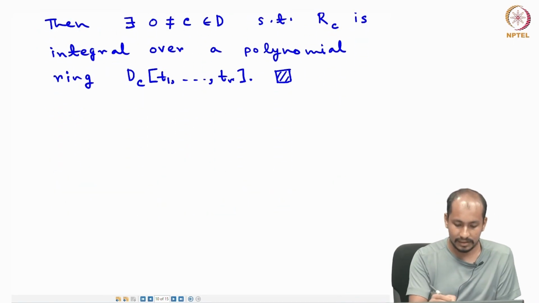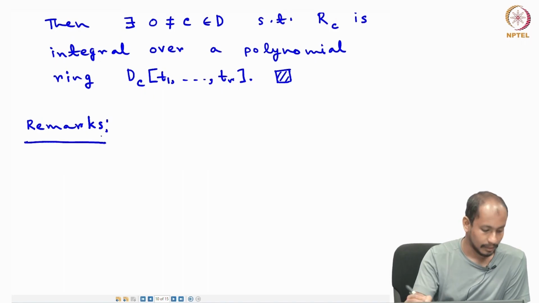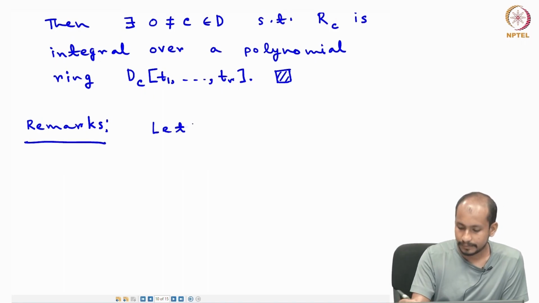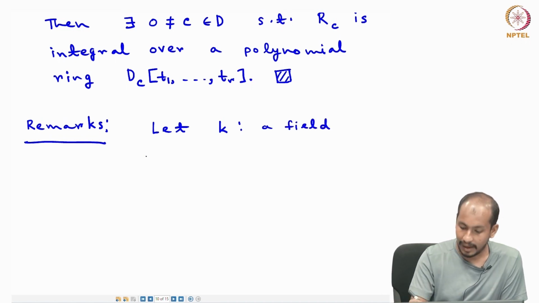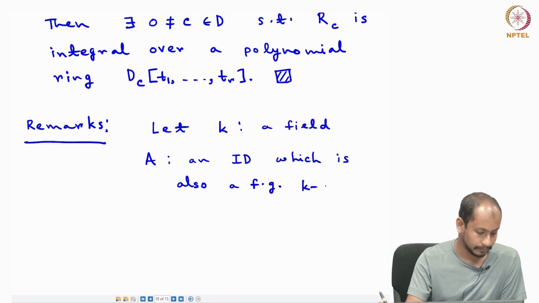Now I will make some remarks. Let K be a field and A an integral domain which is also a finitely generated K algebra. Okay.